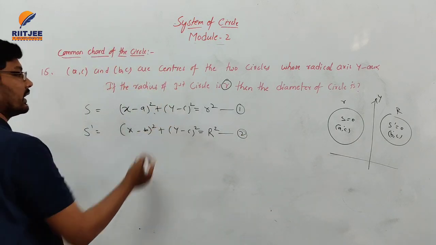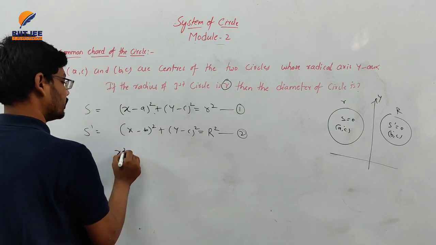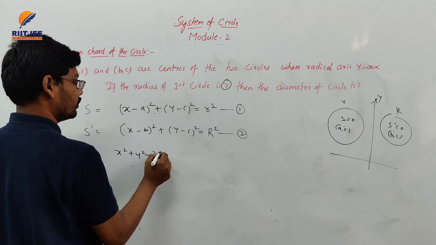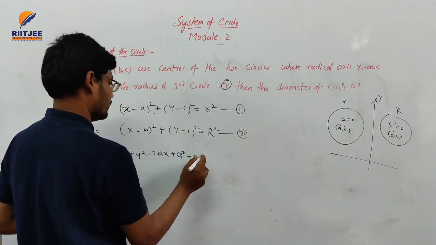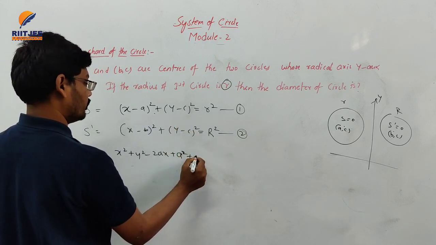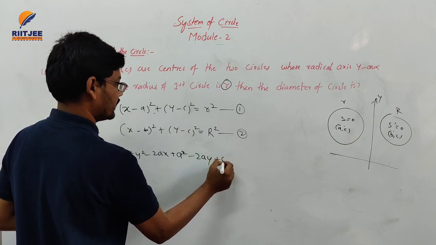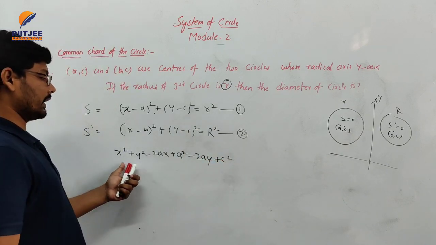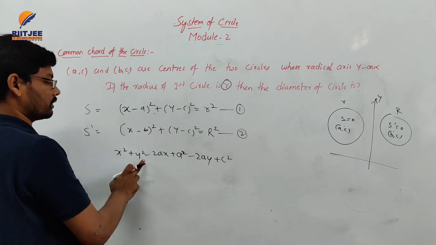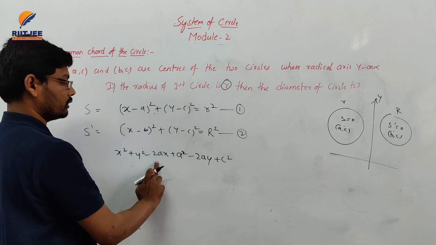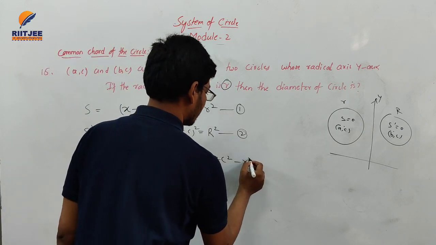And if you expand this one, what will happen here? X square plus y square minus 2ax minus 2cy, a square plus c square minus r square is equal to 0.